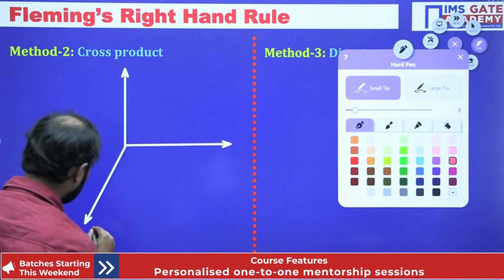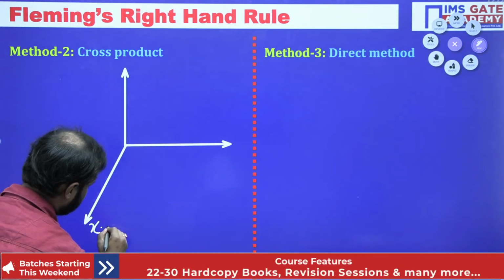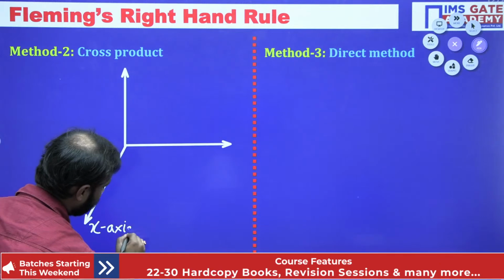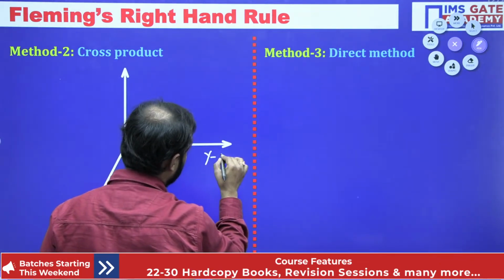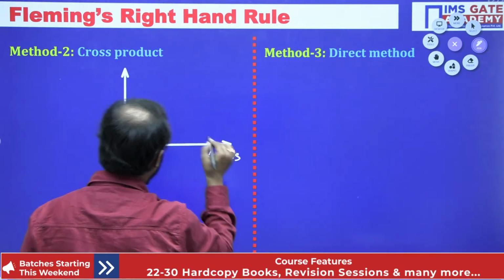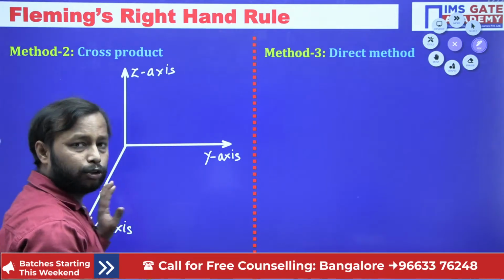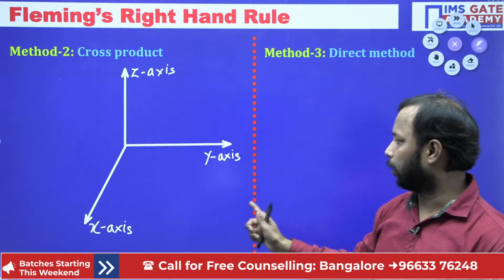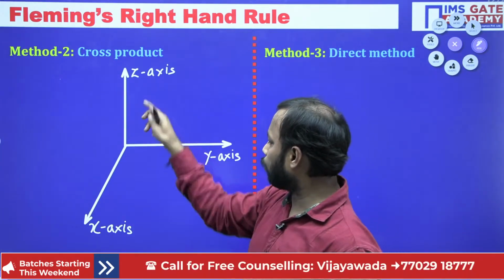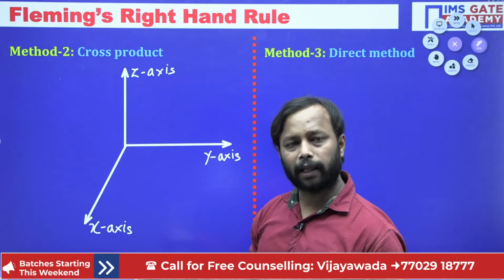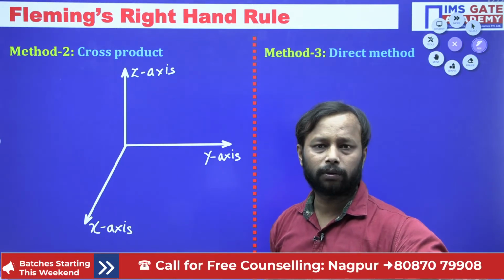Okay, this is the X axis. This is the Y axis. And this is the Z axis. Please do write the axes in this manner. If you interchange X and Y, then everything will be wrong.